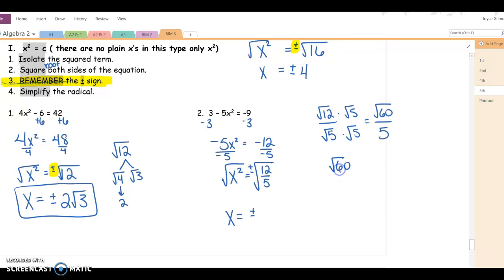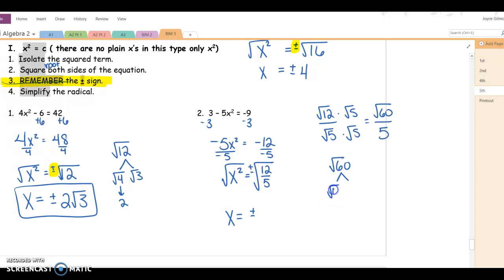So the square root of 60, if I simplify that, half of 60 is 30. So think about the next biggest perfect square below 30, 25. Can you do 60 divided by 25? Decimal. 60 divided by 16. 60 divided by 9. 60 divided by 4. Yes.